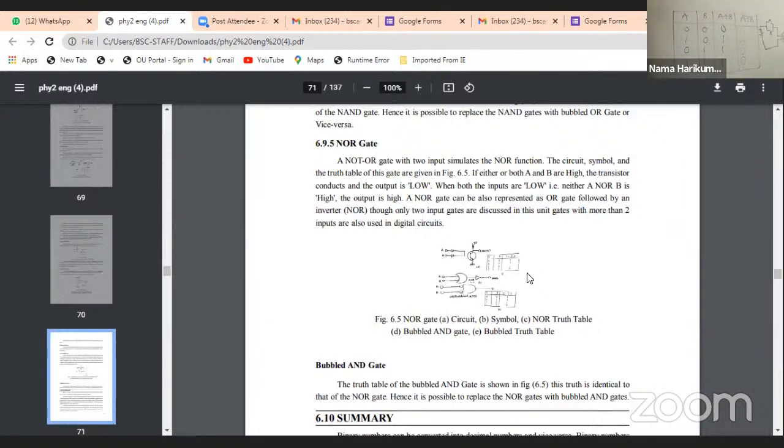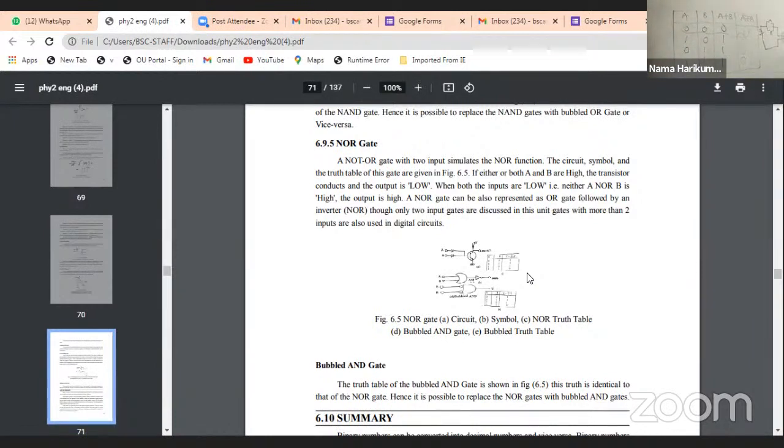So how can we define the NOR gate? In the definition, for 0, 0 the output is 1, then the remaining values are 0. So the definition is: if two or more inputs are 0 or low, then the output is 1, and the remaining outputs are 0.